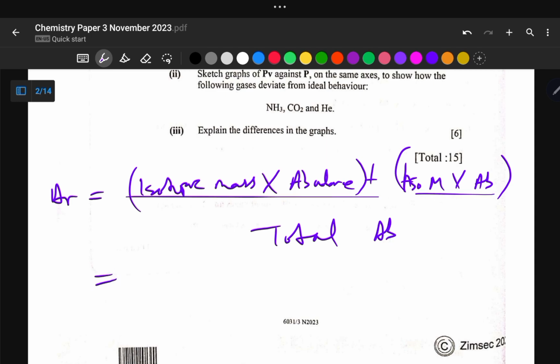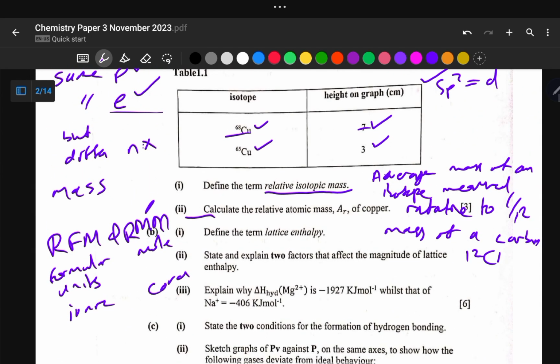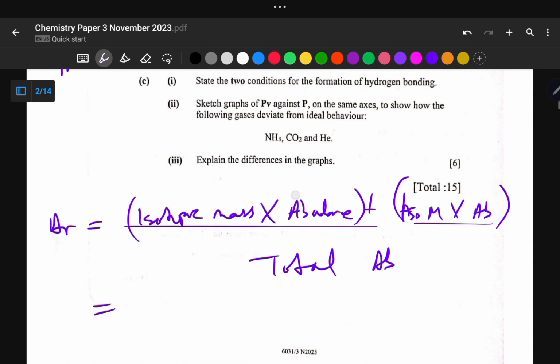We simply go to the given information. The isotopic mass here is 68 and the abundance is 7. Abundance can be in the form of a percentage, so you need to take note of that.